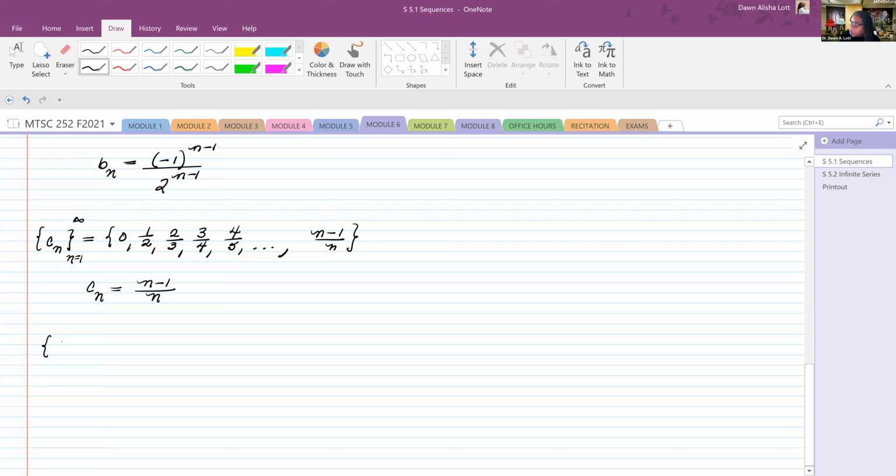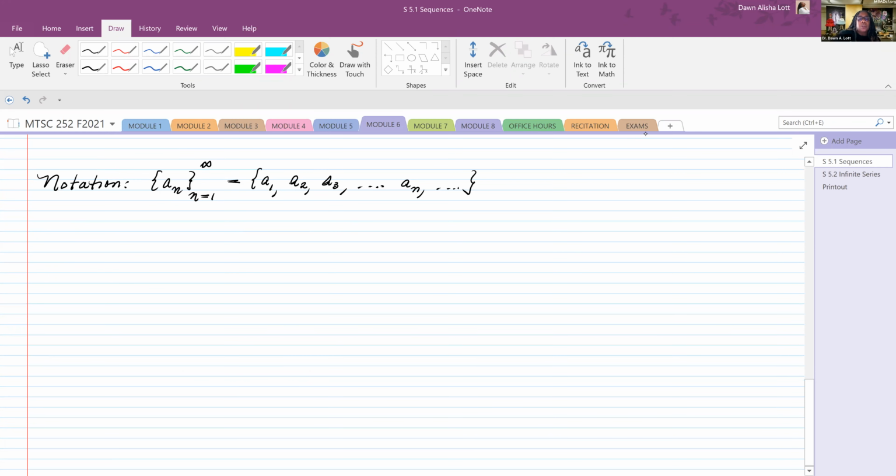The notation will be a_n, n equals 1 to infinity, and that will be a_1, a_2, a_3, and it will continue, a_n, and then it will continue. Okay, so just so you know, this is the notation we are going to use.